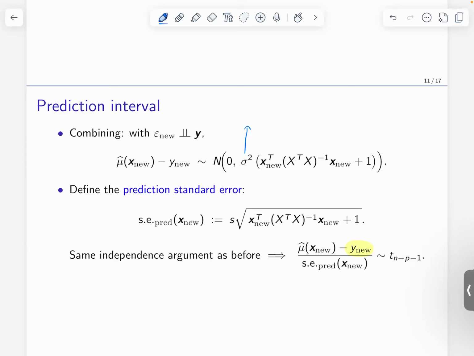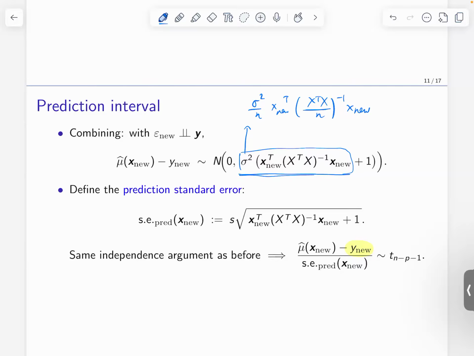I can write this variance as sigma squared over n, and then I multiply by n, but I move the n inside the inverse, so it appears like x nu transpose, X transpose X over n inverse, x nu. So I can rewrite it like that.